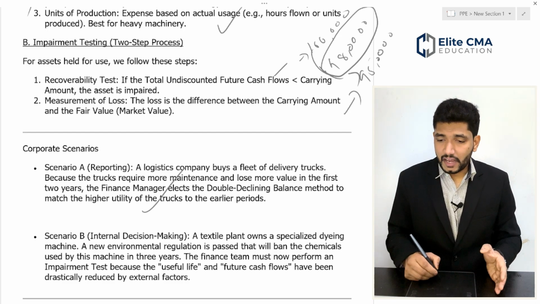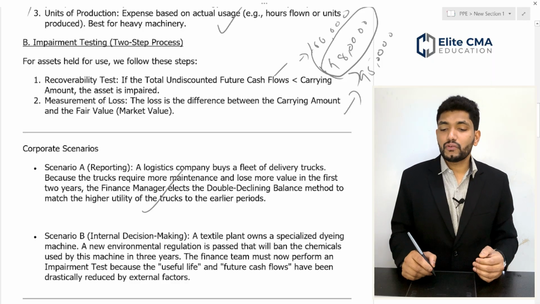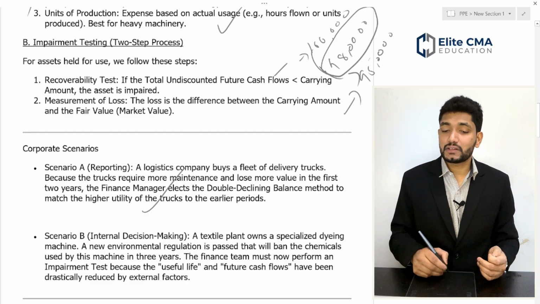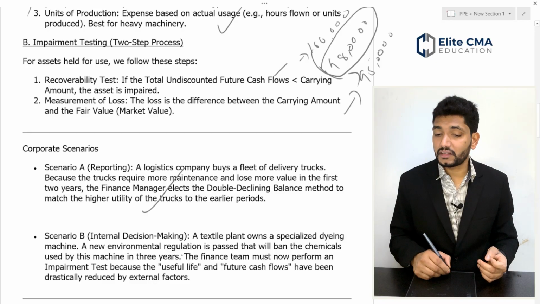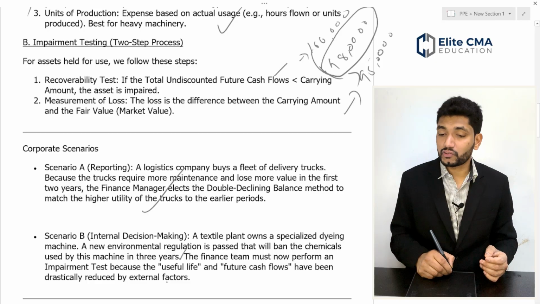Let us move to the second scenario. A textile plant has a specialized dyeing machine. A new environmental regulation is passed that will ban the chemical used by this machine in 3 years. The finance team must now perform an impairment test because the useful life and future cash flow have been drastically reduced by external factors.